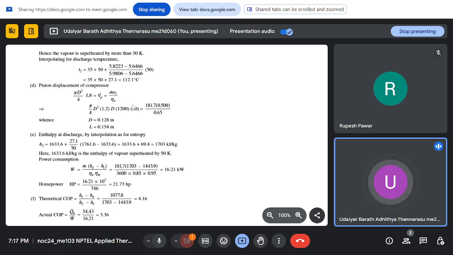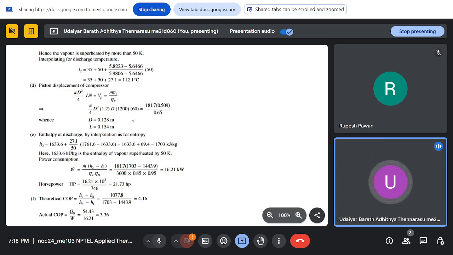divided by the volumetric efficiency, which is given as 0.65, and your piston displacement volume is pi by 4 d square L into N. So d square into L, the stroke to bore ratio is given, so 1.2 times the diameter, into 1200 rpm.